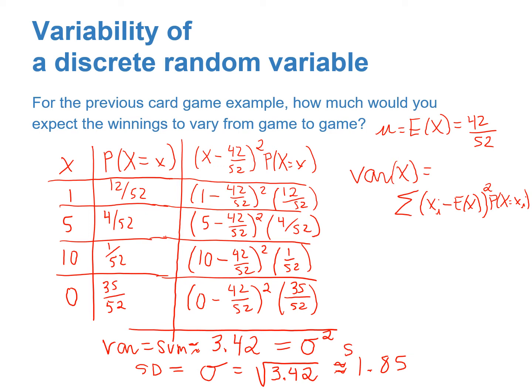So typically I expect my winnings to be about 81 cents and vary from that by about $1.85.